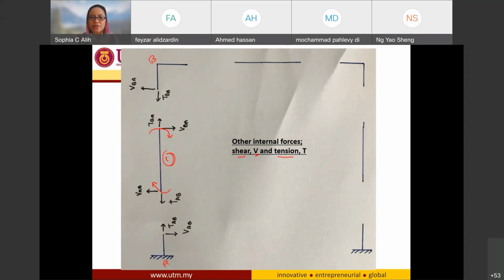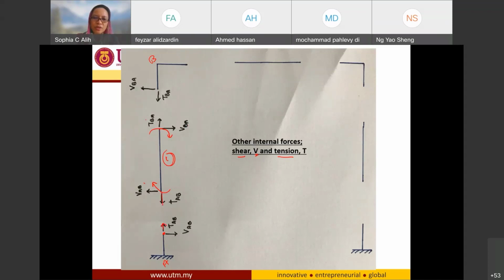Then after you have calculated this part, you can do the balancing on the other end, because you know if you have a tensile force of TAB at this end, then it's going to have a similar tension force at the other end of this joint, just in the opposite direction.